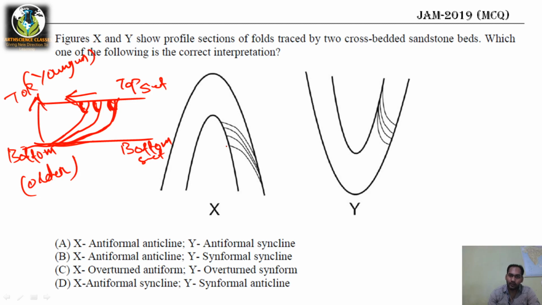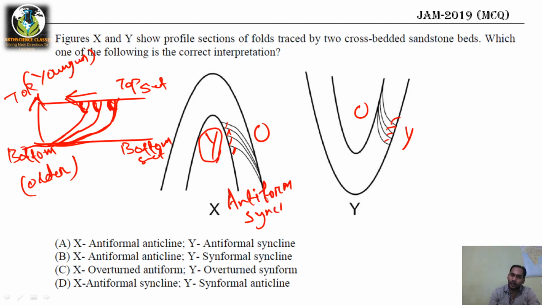Okay, so in the first diagram you can see this is the high angle side, so here you are getting younger. Inside older, here outside older. From the shape you can know that it is antiform, but at the center you are getting younger, so this is antiformal syncline.